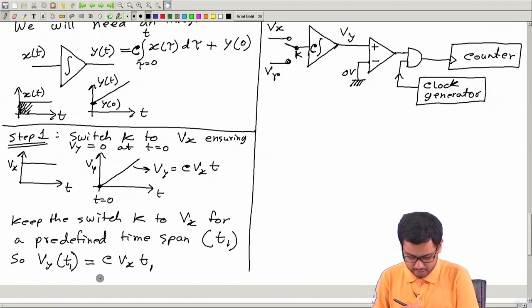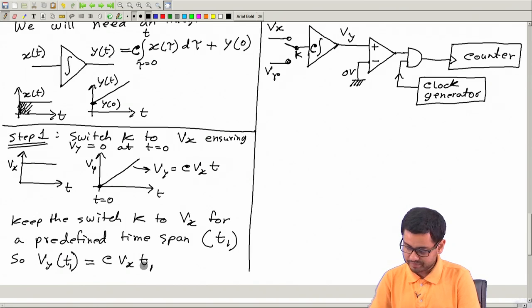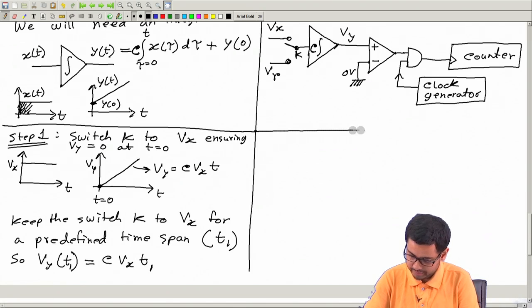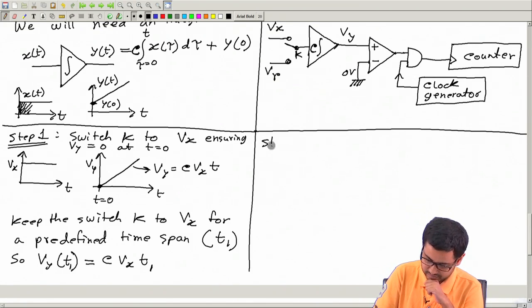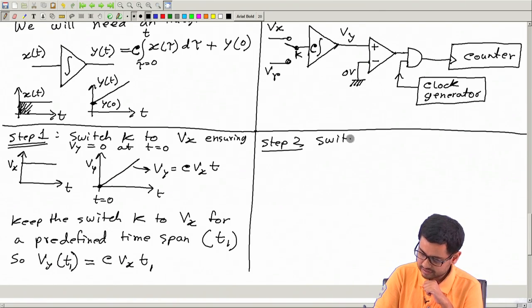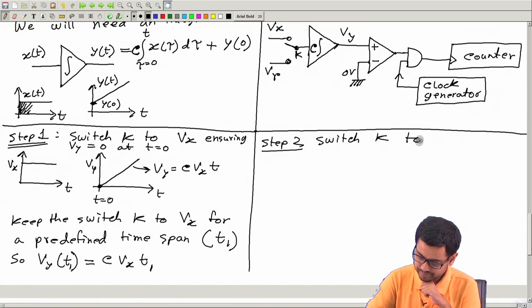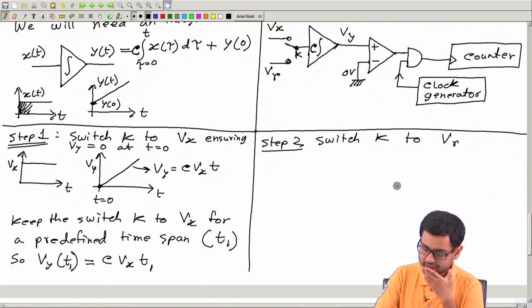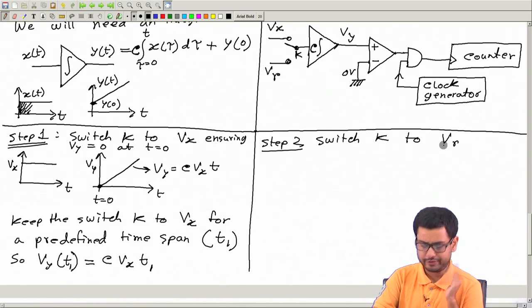Now after that what to do? Step 2. Switch this key to VR, which is a constant reference voltage, and let this VR be negative.